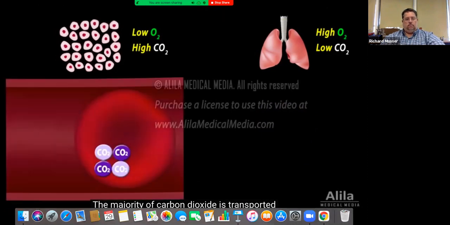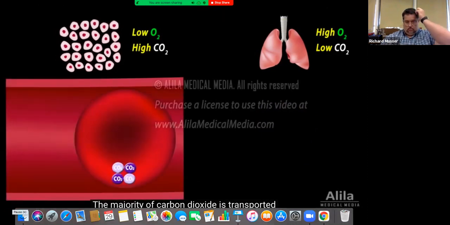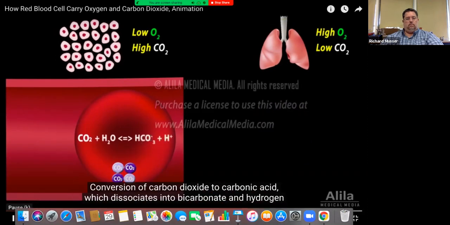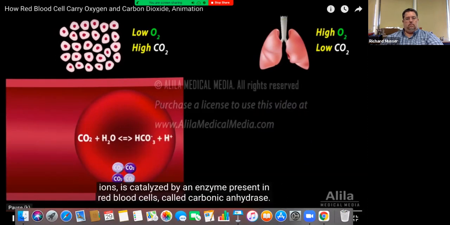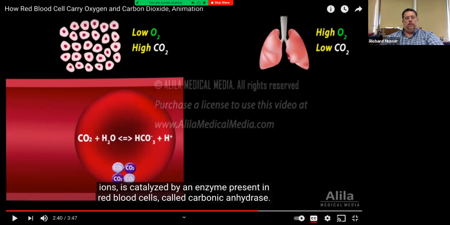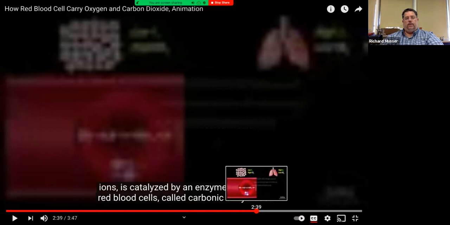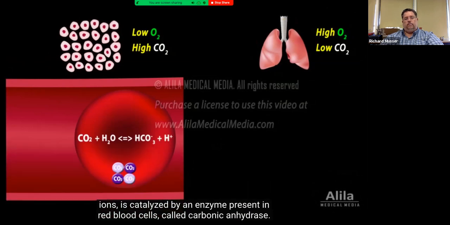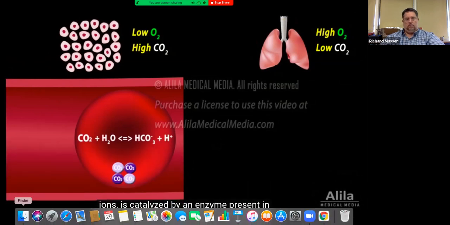The majority of carbon dioxide is transported in the blood in the form of bicarbonate ions. Conversion of carbon dioxide to carbonic acid, which dissociates into bicarbonate and hydrogen ions, is catalyzed by an enzyme present in red blood cells called carbonic anhydrase. So again, the enzyme responsible for turning carbonic acid into bicarbonate and hydrogen ions is carbonic anhydrase.